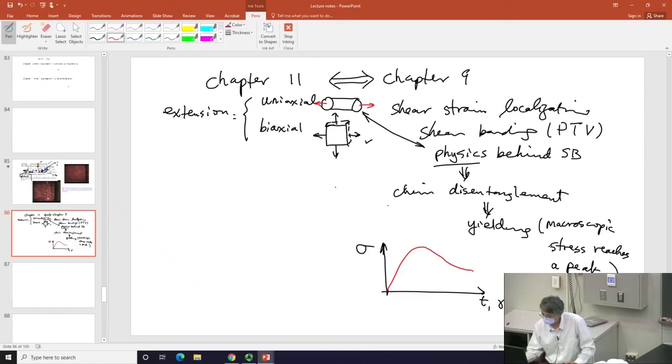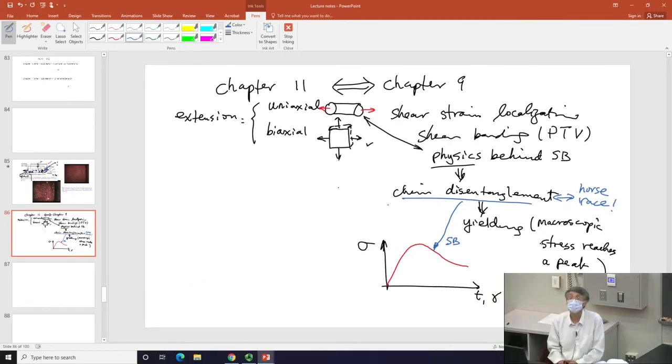So when that happens, there is a chance that this happens not uniformly, and because this process could be a horse race, right? So that's the physics we know so far, or at least it makes sense for us to interpret what we observe in this manner.